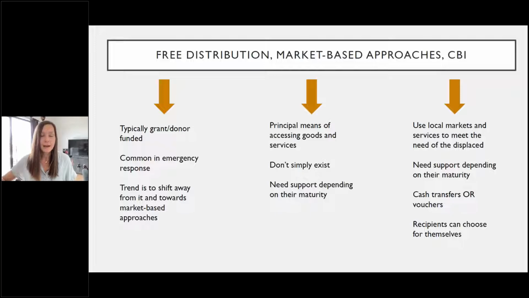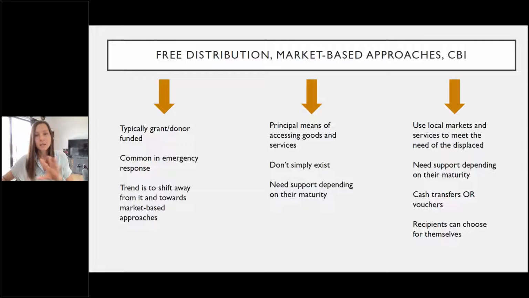And finally, when it comes to free distribution, of course, that's predominantly donor-led and grant-based and very common in emergency response. So particularly at the onset of an emergency, there's very little choice but to provide something as soon as possible. Market-based approaches, on the other hand, take a much more long-term view. And we've seen that there is a move towards that, particularly in protracted crisis situations.